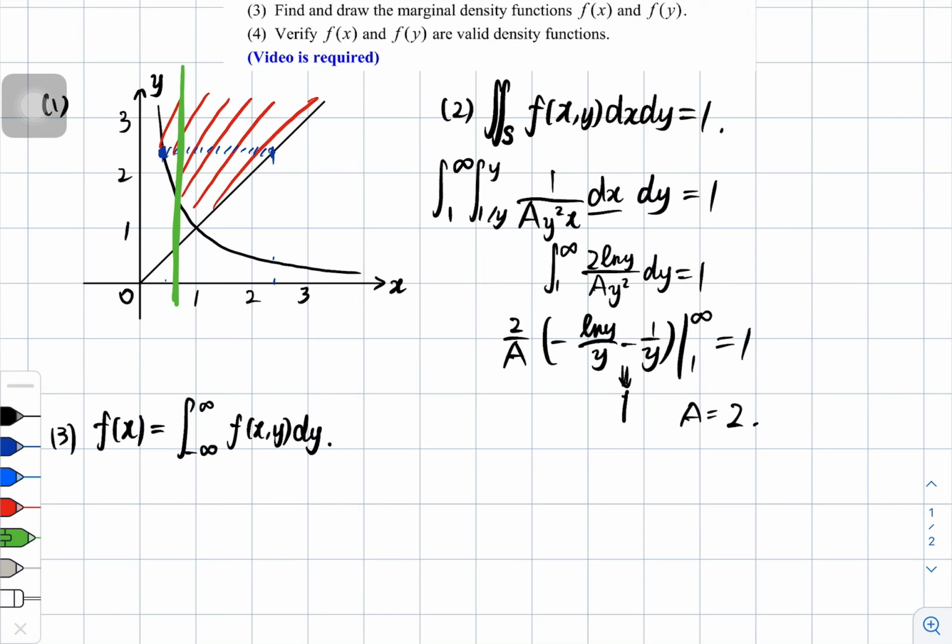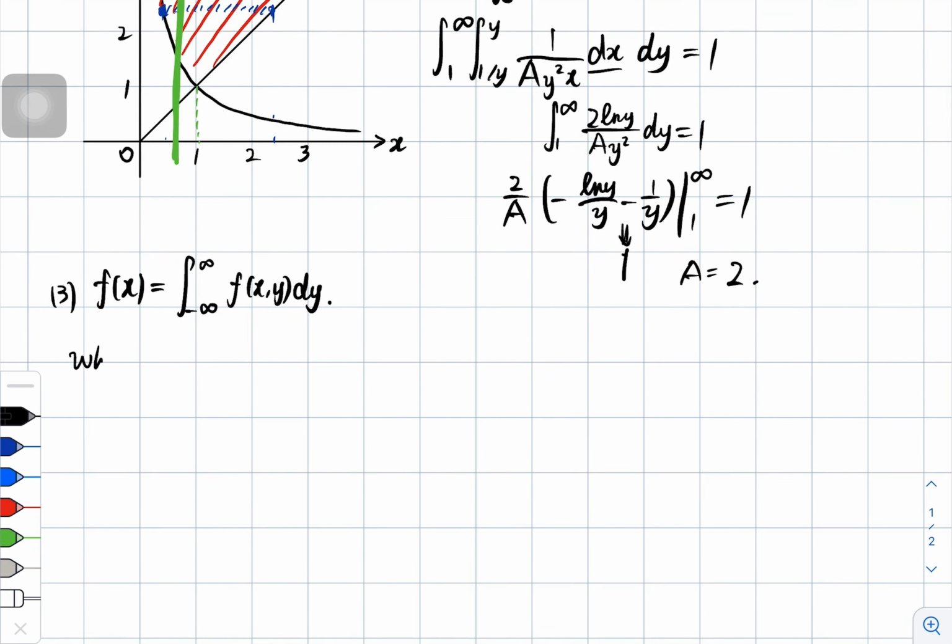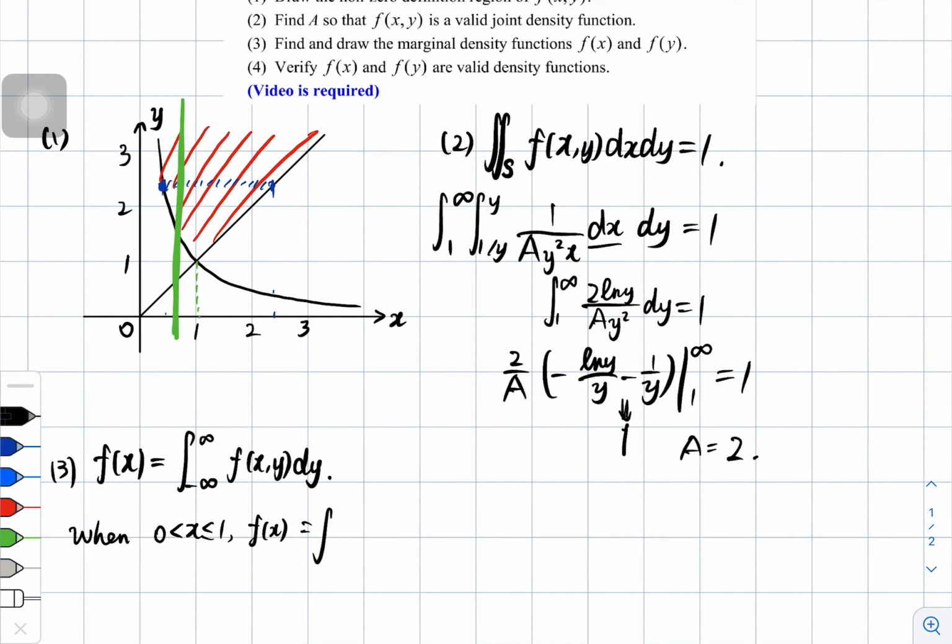So fx should be divided into two parts by the line of x equals 1. When x is from 0 to 1, fx is the integral from 1 over x to infinity, which is this point, dy.